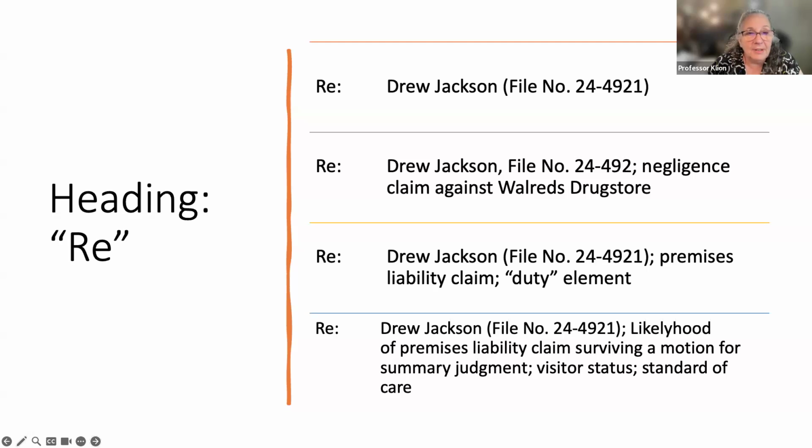Likelihood of premises liability claim surviving a motion for summary judgment. It's absolutely what this case is, what this memo is about. Probably a little long. And then it says visitor status and standard of care. So you can see through the progression how much longer that reline gets when you include all the information you're supposed to include.